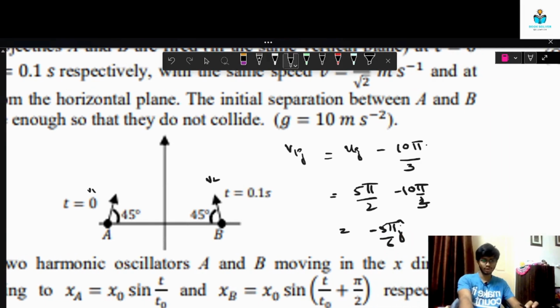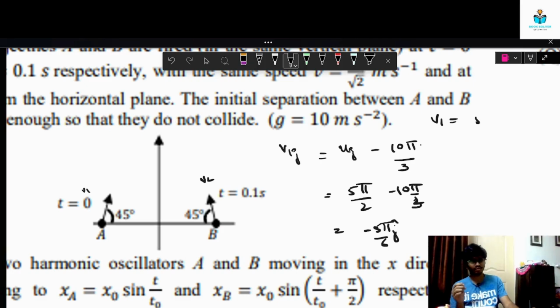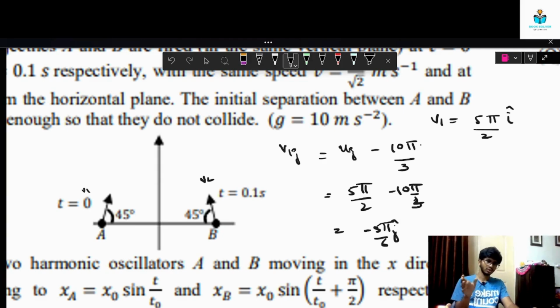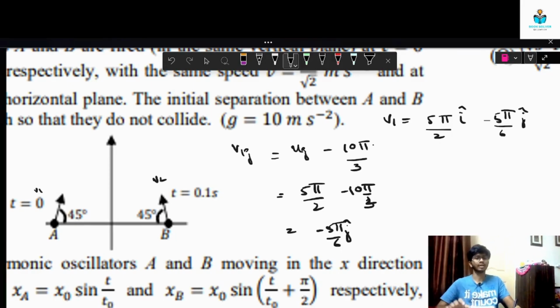See, the velocity won't change in the x direction, because there is no force acting in this direction. So v1 is basically 5 pi by 2 i cap, 5 pi by root 2 cos 45, minus 5 pi by 6 j cap. Okay, got it.